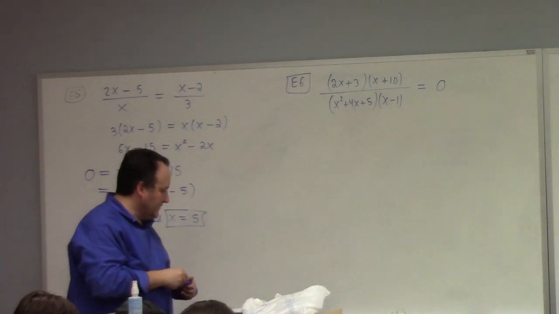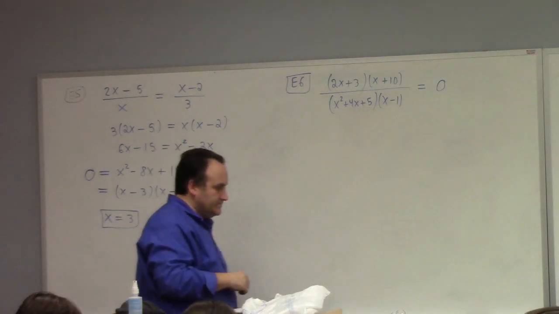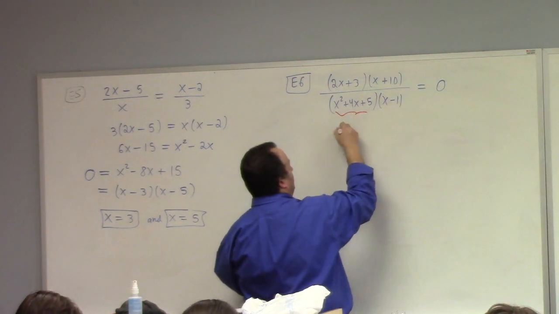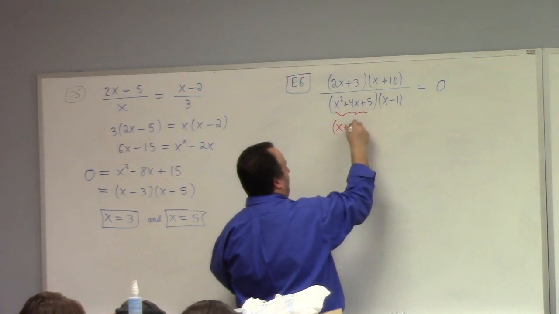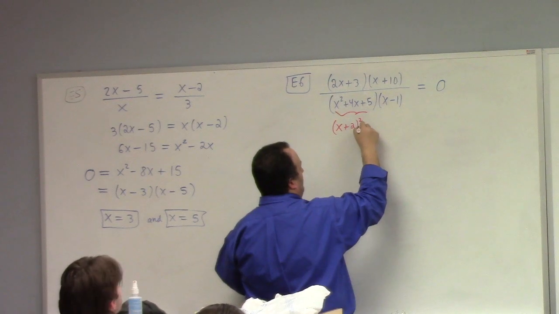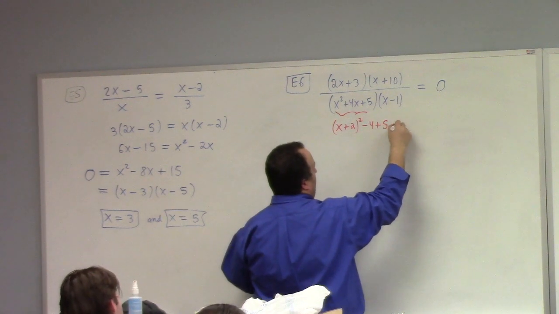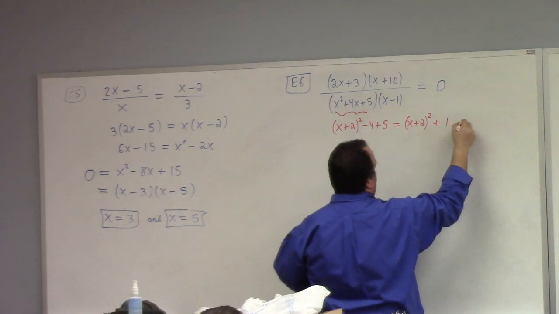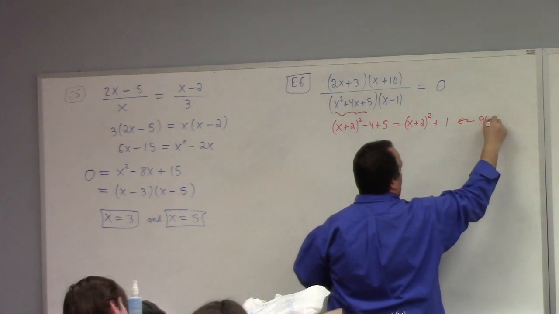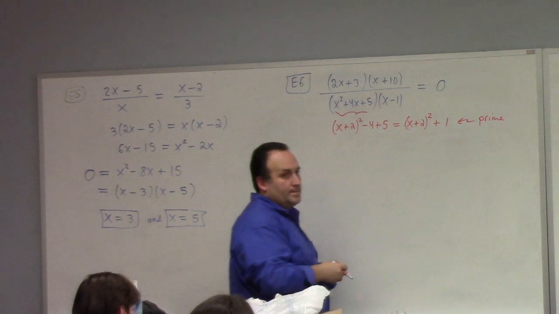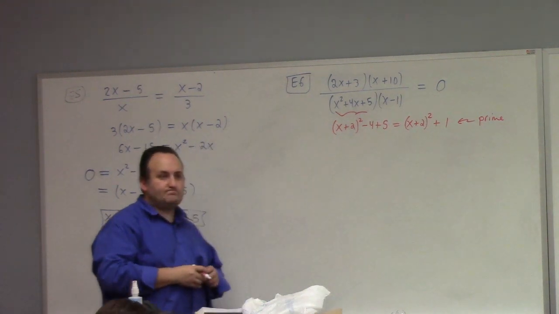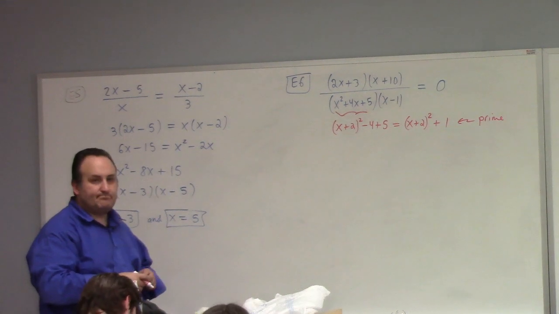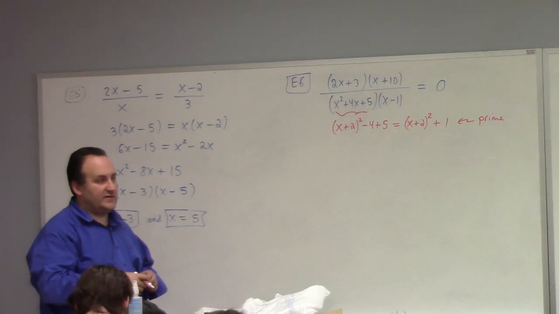So what are the solutions? If we complete the square on that, x plus 4, x plus 1? So that's prime. All right. So what are the solutions to this?